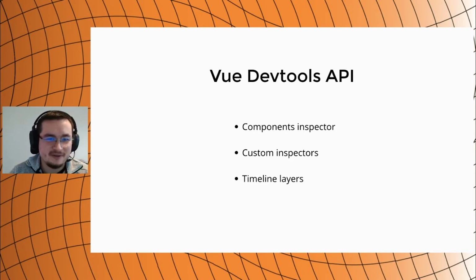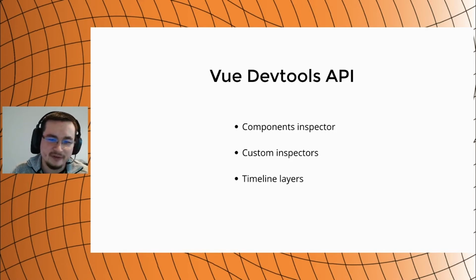It's very useful for third-party plugins as well, such as Vue i18n or Vue Apollo, for example. So this is now possible with this API, and currently the API is centered around three different features.